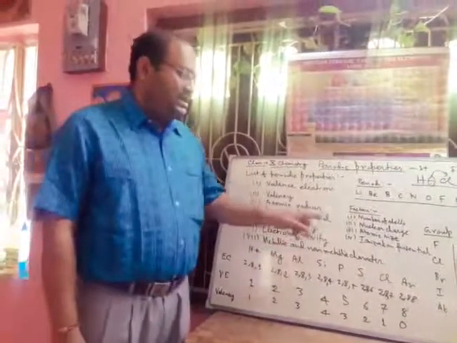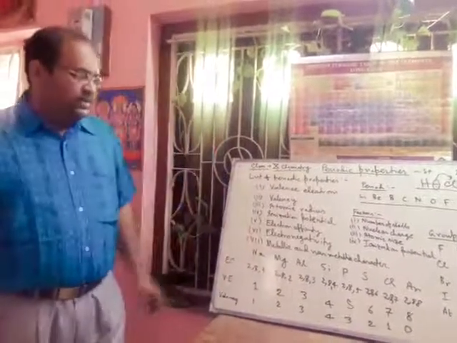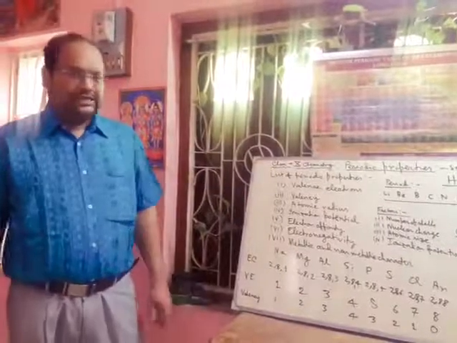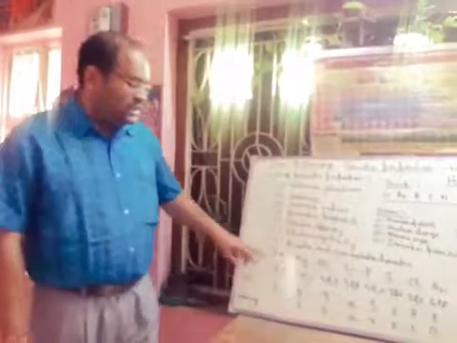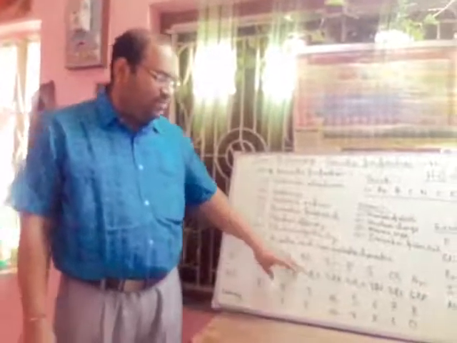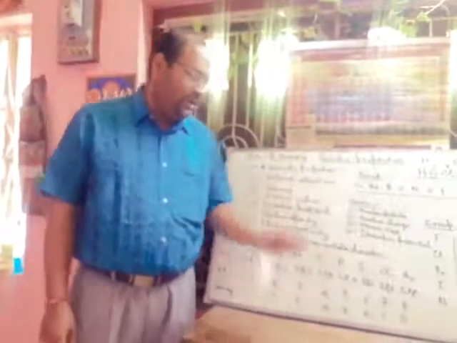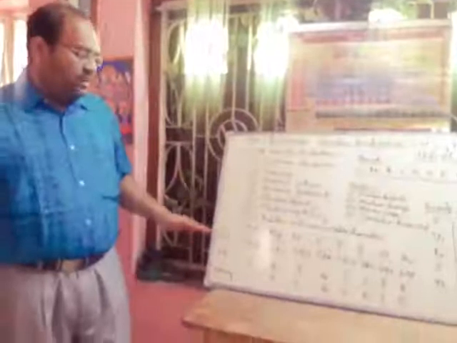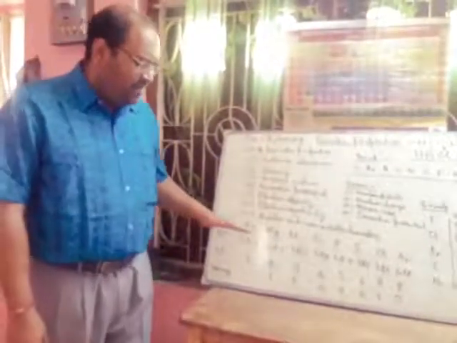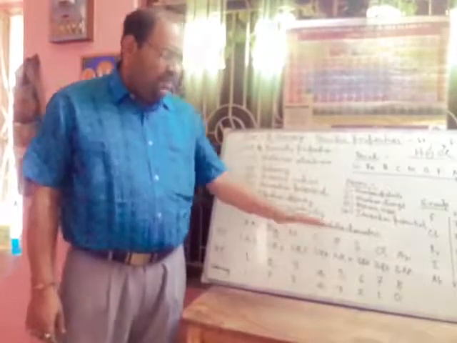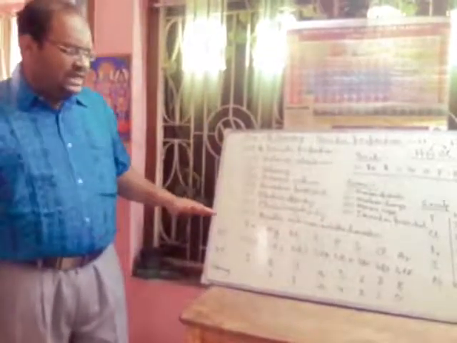And next one is the nuclear charge. If we increase the nuclear charge, then the atomic radius will decrease. Suppose in case of sodium, magnesium, aluminum, silicon, phosphorus, sulfur, chlorine, whenever we are going from left to right, the atomic number increases as well as the nuclear charge.